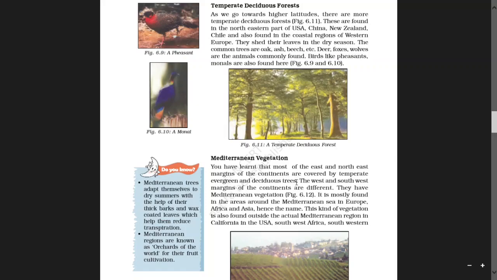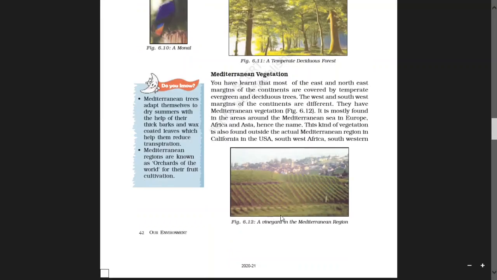The west and southwest margins of the continents are different. They have Mediterranean vegetation. See figure 6.12 there. Mediterranean vegetation is given here.